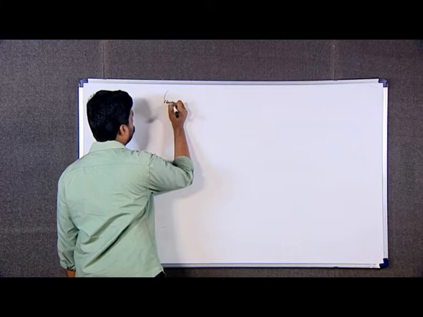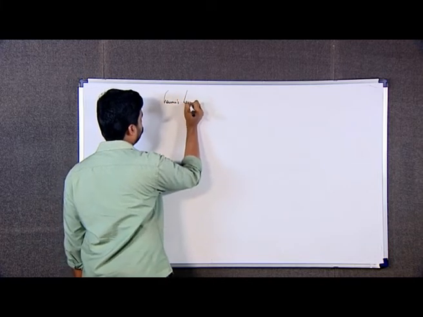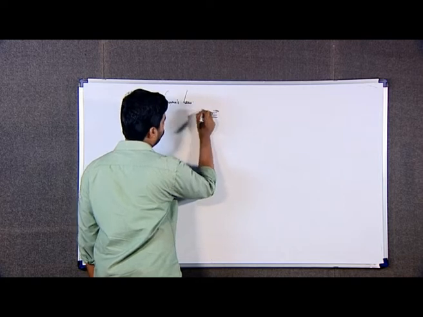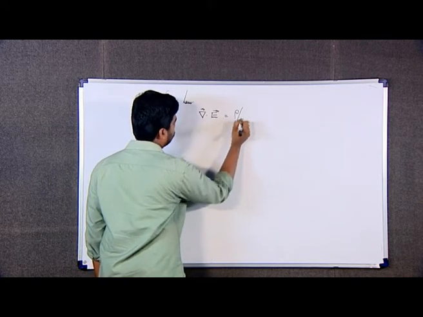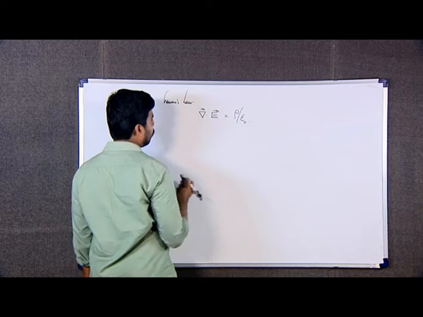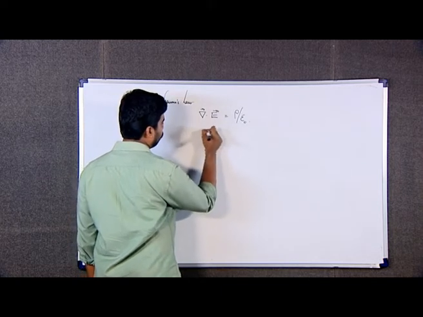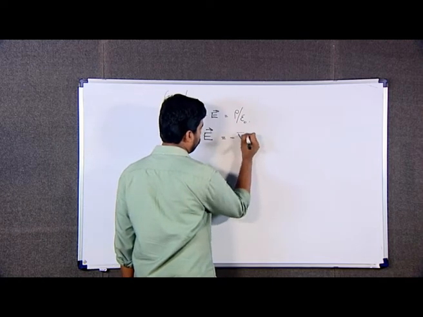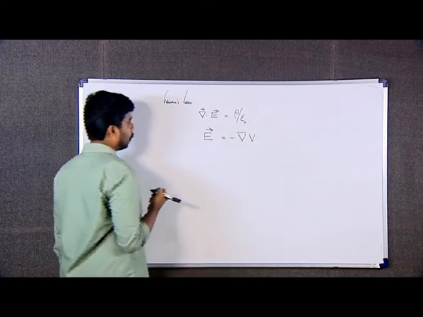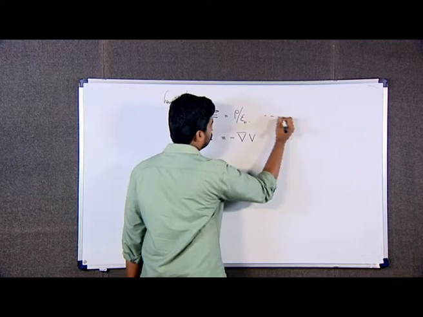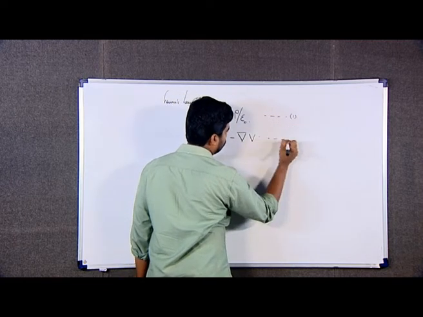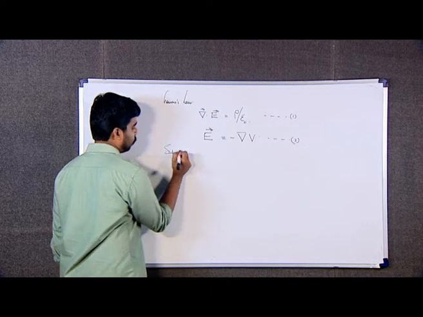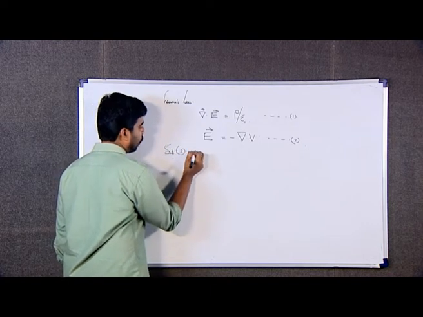What is Gauss's law? The differential form of Gauss's law is del dot E is equal to rho by epsilon 0. And we have defined the electric field as the negative gradient of potential V. Now, this is equation number 1 and this is equation number 2. Substitute 2 in 1.